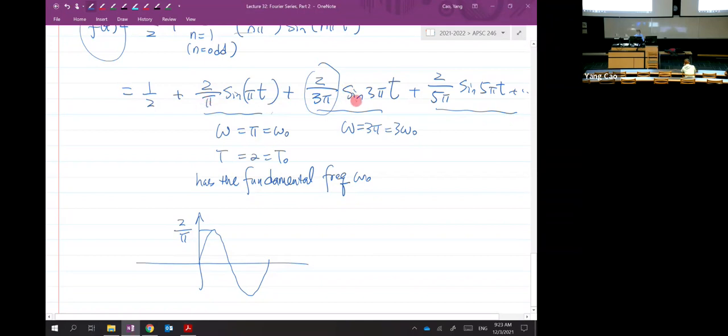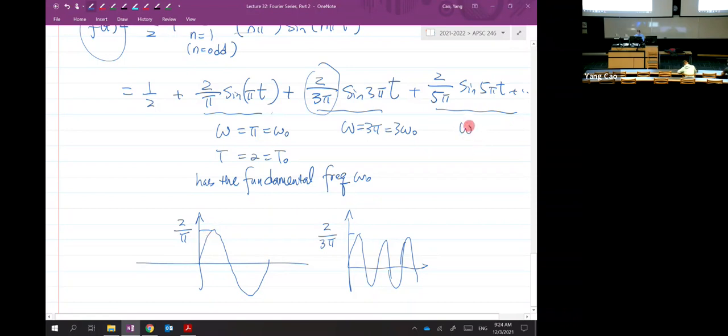So if I draw a sinusoidal curve for the second term here, it starts here, and because the frequency is higher now, it becomes a higher frequency, and the drawing is not very accurate. The amplitude here should be shorter than the first sine curve. That makes sense? Yeah.